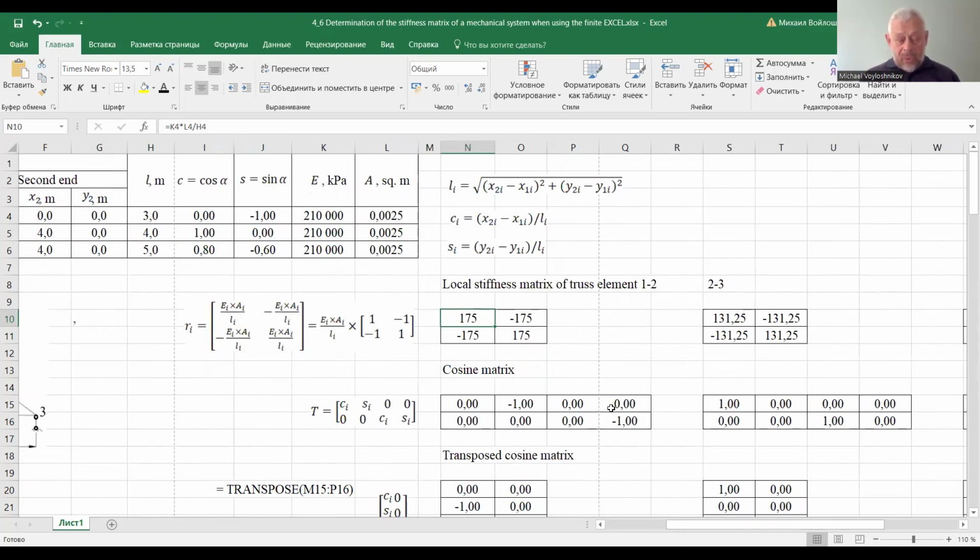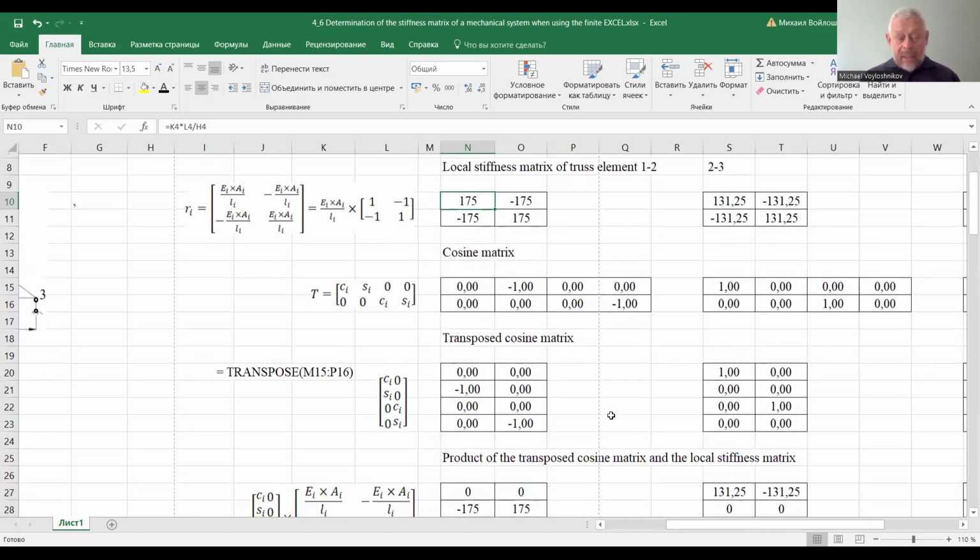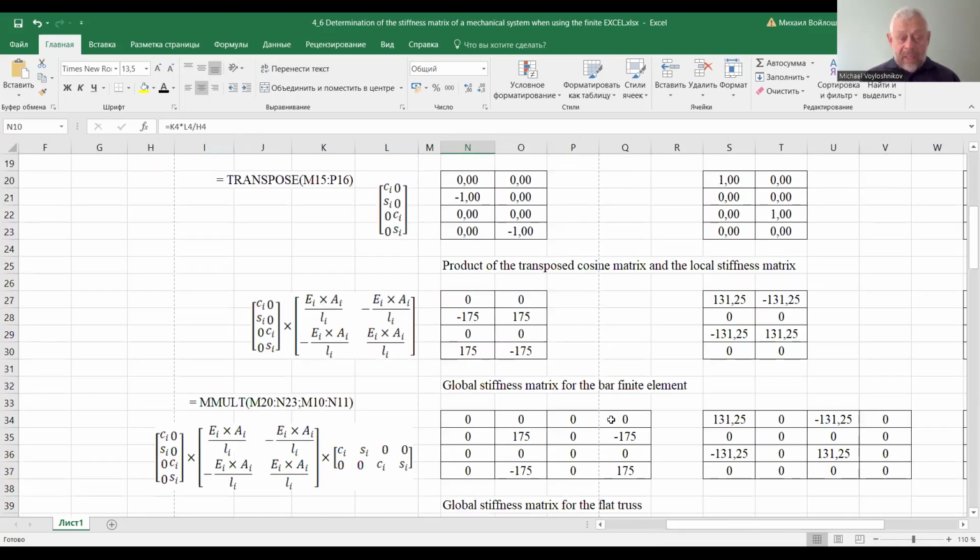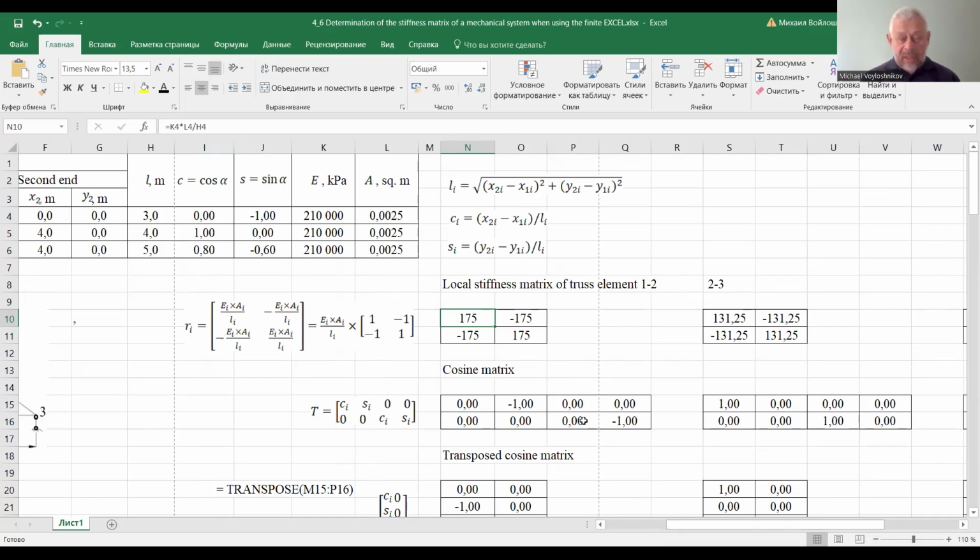Next, we have to find the stiffness matrix of the finite element in the global coordinate system, because the intermediate goal is to determine the stiffness matrix of the whole mechanical system. So we have to define the mechanical system stiffness matrix in the global coordinate system.